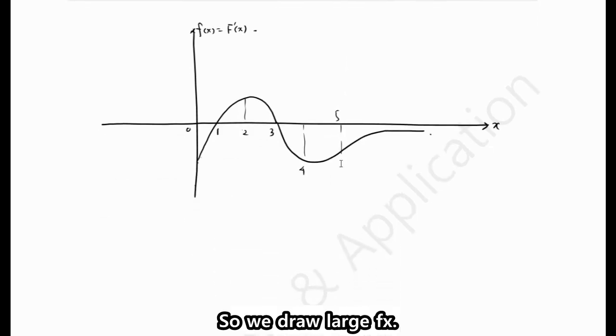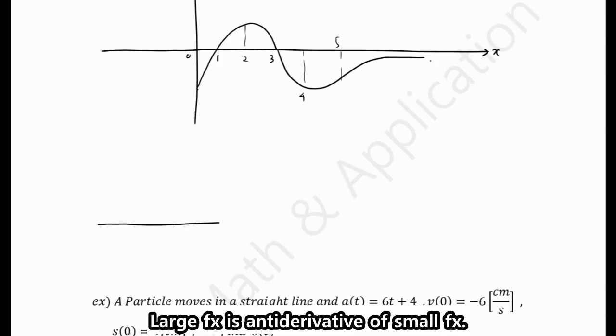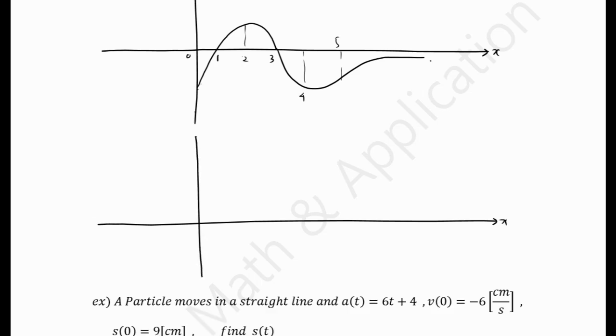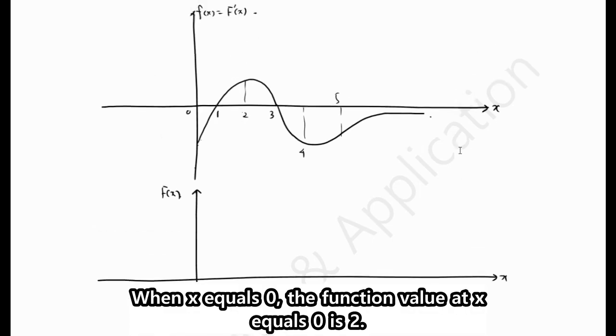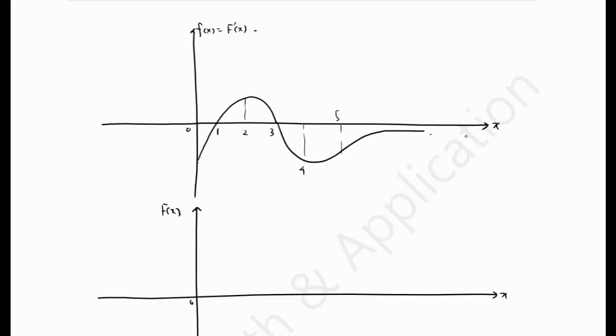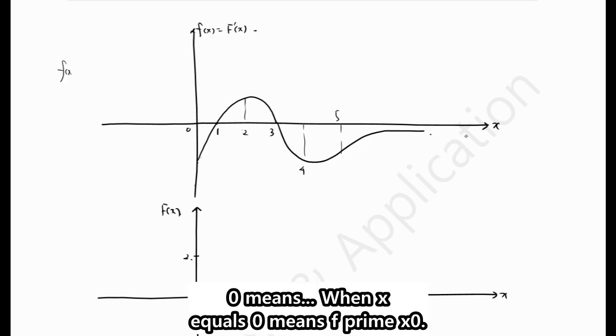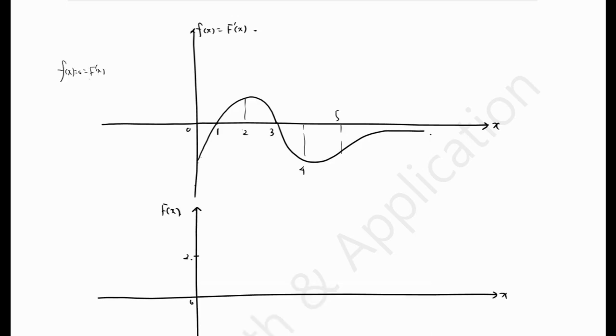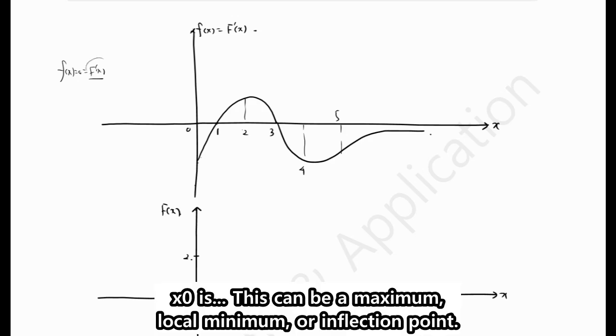So we draw large F(x). Large F(x) is the antiderivative of small f(x). This is large F(x). When x equals 0, the function value at x equals 0 is 2. And this is 0. When x equals 0, F prime x is 0. But that point can be a local maximum, local minimum, or inflection point.